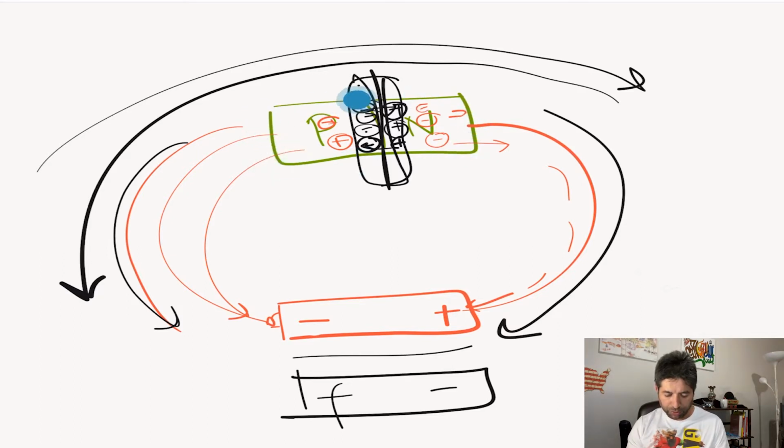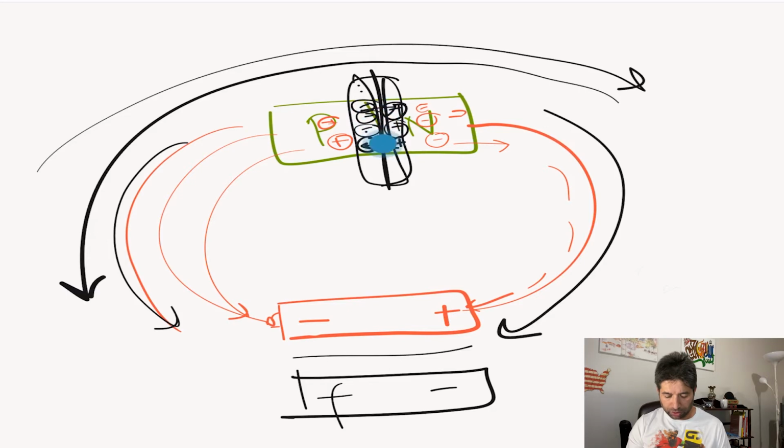It has a P and N. What I mentioned was that when you have a battery connected in this way, with negative connected to P and positive connected to N, initially all the holes and electrons move toward the battery terminals, and eventually you have positive charges left over here and negative charges left over here.